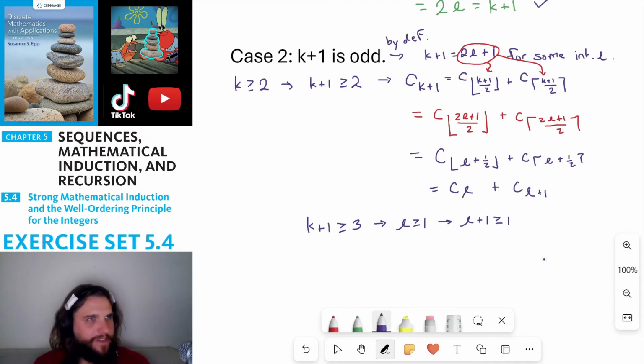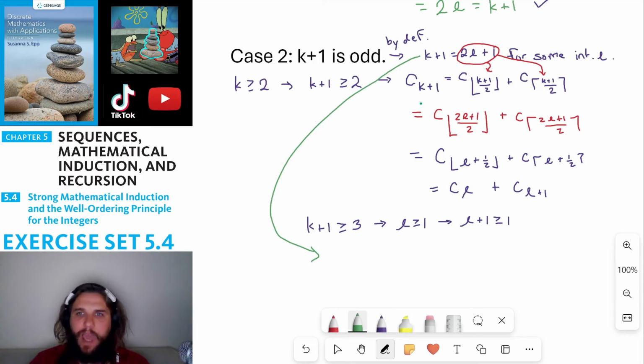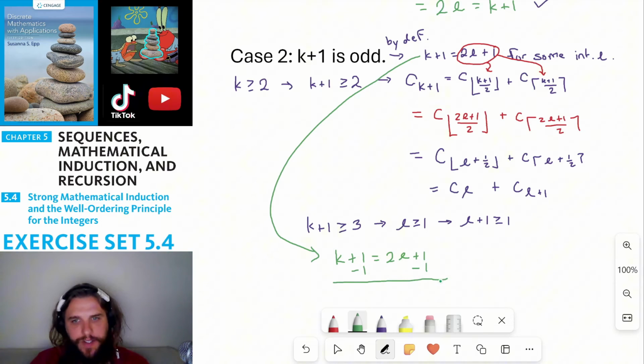That's the first half of the inequality that needs to be satisfied in order for us to apply the inductive hypothesis. The next thing we need to show is that L and L plus 1 are less than or equal to K. Now we can use the fact that K plus 1 equals 2L plus 1 and subtract 1 on both sides to get K equals 2L.